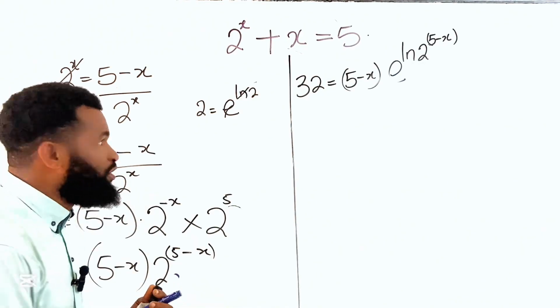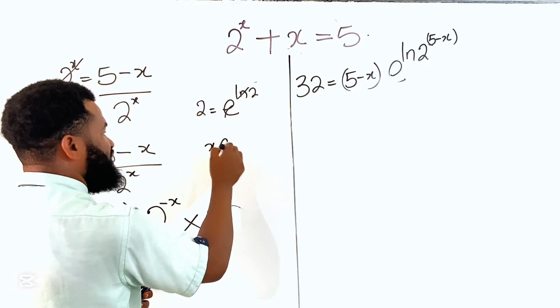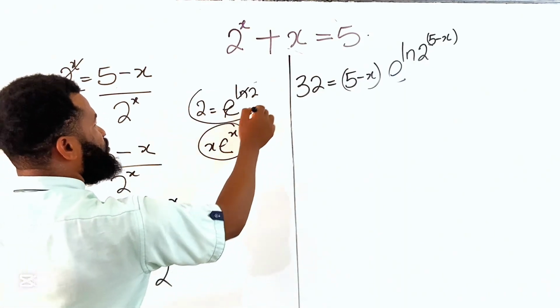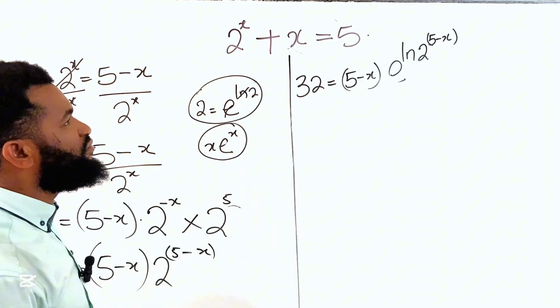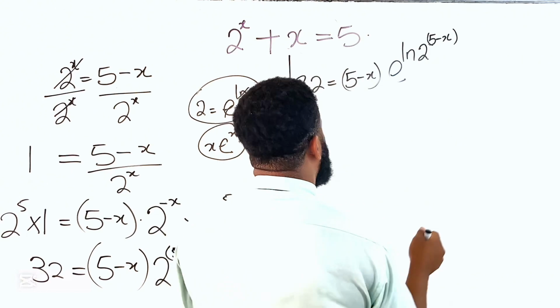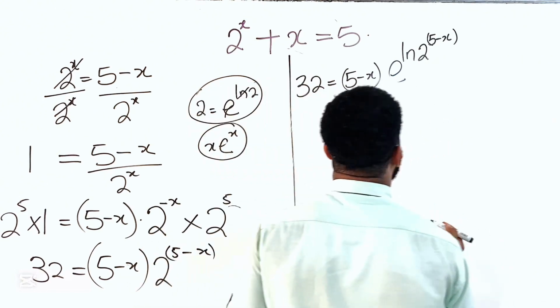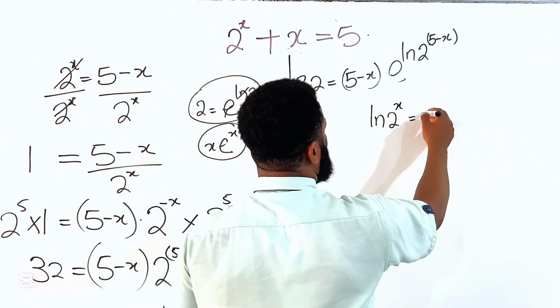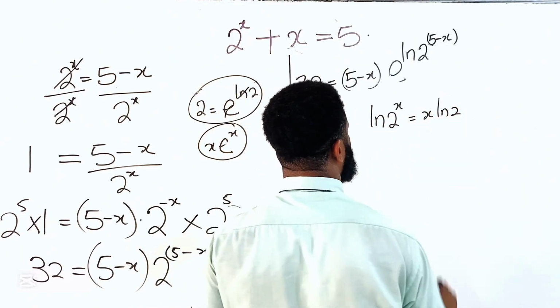All in the bid for me to just get something like this. This is what I'm looking for, and I'm using this to construct it. So once I did this, remember that if I have something like ln 2 raised to the power x, the answer is going to be what? x ln 2.